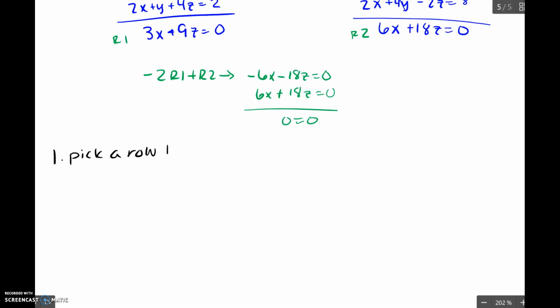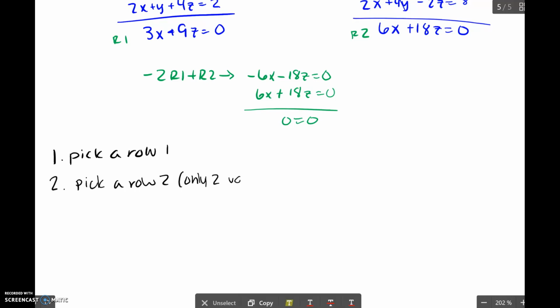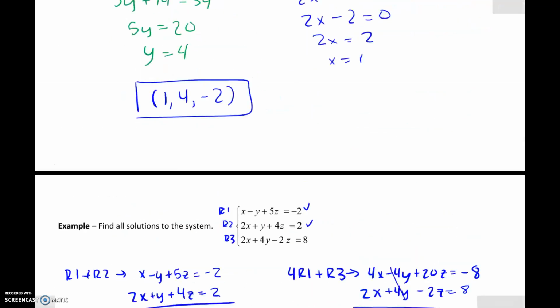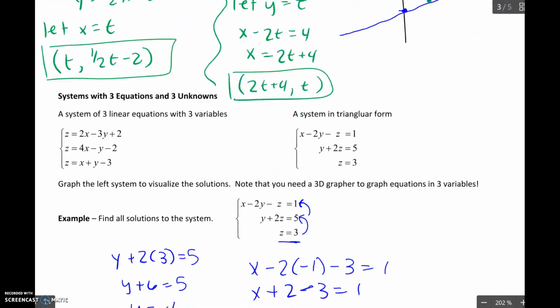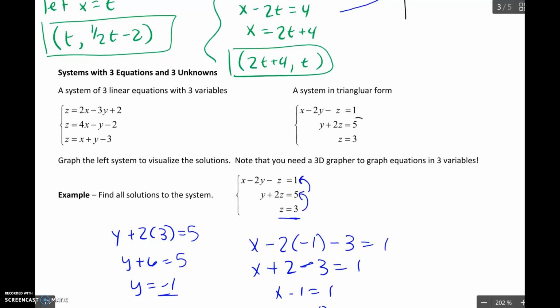Then you're going to pick a row 2 that only has 2 variables. We're going into triangular form like we did before. If you remember, triangular form has a row 1 with 3 variables, a row 2 with 2 variables, and a row 3 with 1 variable.